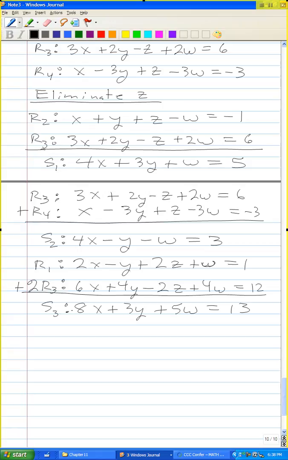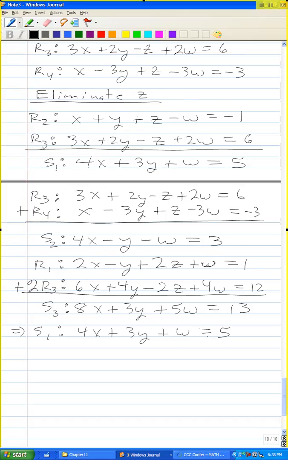Okay, so let's just collect these and write them all in one location. And so S1. So I've gone from 4 equations, 4 unknowns, to now having 3 equations with 3 unknowns.